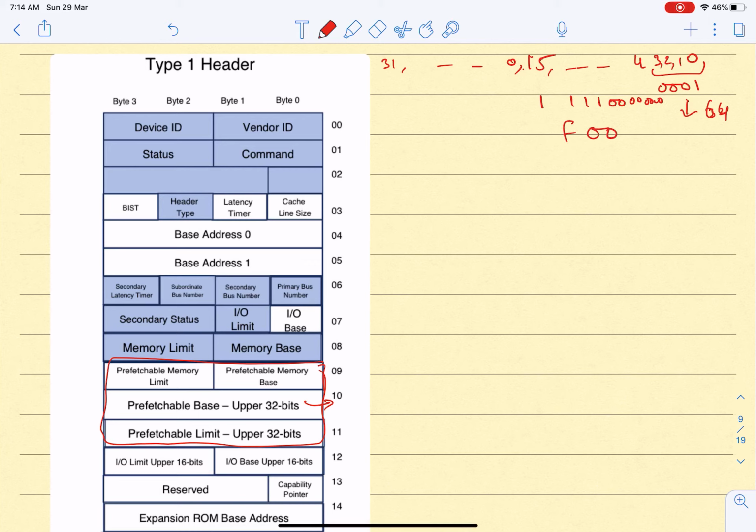F0 0. We know that for base we need to write 0 0 0 0 0, and this is the lower 32 bits, and the upper 32 bits can be any value. Let us suppose that it is 0 0 0 0 F 0 0. So when we combine both, it will become the 64 bit base.